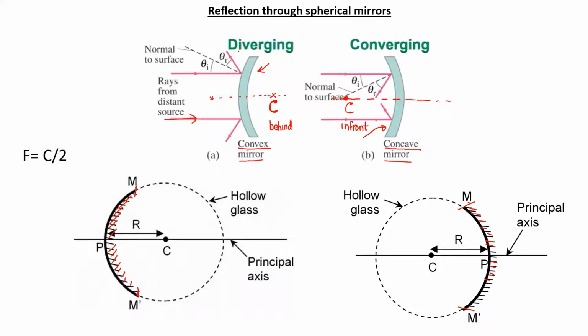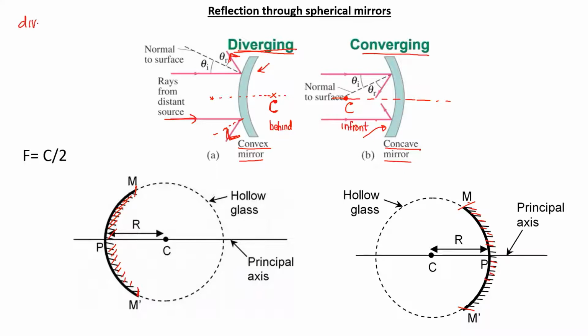And the other thing is you have to remember these names. When light rays fall on this convex mirror, they tend to diverge, to go away like this. Still they follow the law of reflection, but due to the shape of the surface, these light rays tend to go away from the surface. Therefore, we call it a diverging mirror.